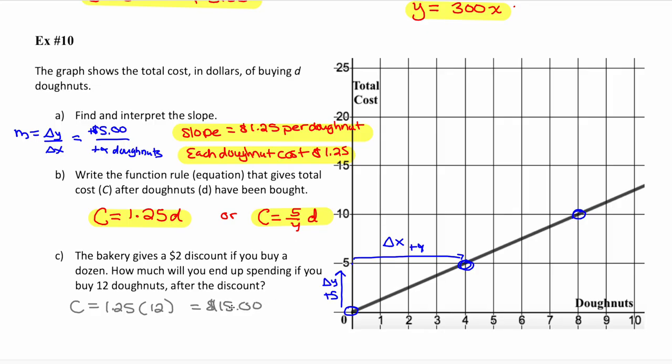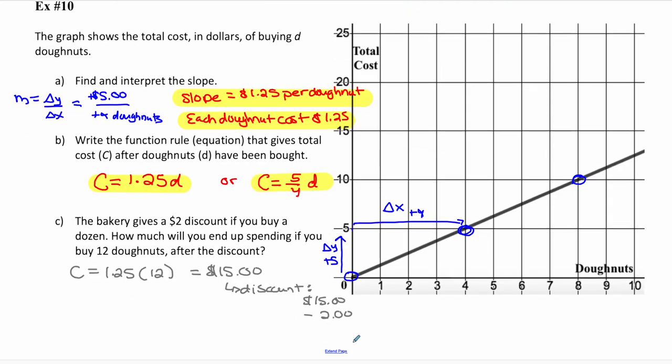However, this is before the discount. So now we have to use the discount. The discount said that from the $15, if you bought 12, you would get a $2 discount. So $15 minus $2 would be $13.